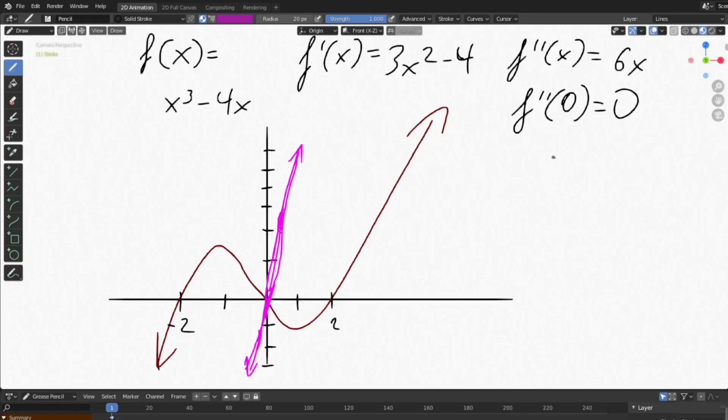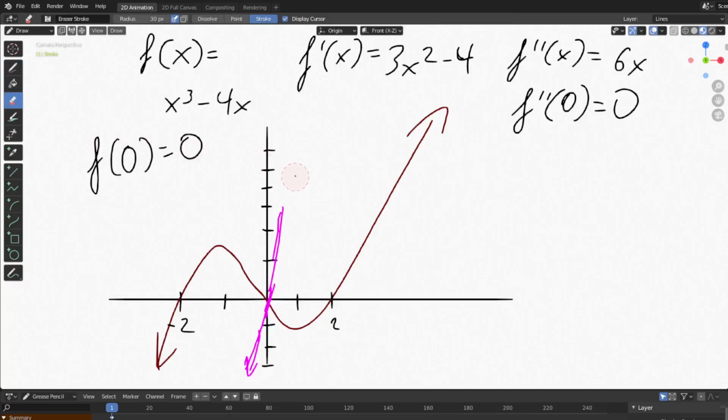Now if we plug 0 back into this function, f of 0 also equals 0. So the point of inflection, I'm going to erase this because it's getting in the way.